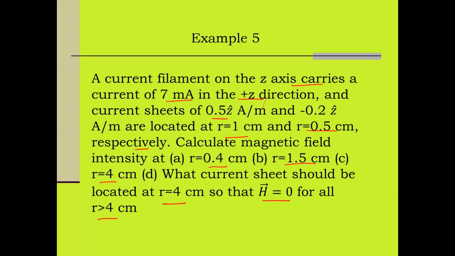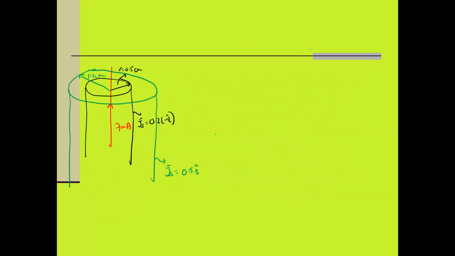So these are the configuration for the current distribution that we have: one filament, and two surface currents located at different radii, 0.5 cm and 1 cm. Based on this, you need to find the H field intensity at 0.4, 1.5, and r equals 4 centimeter.